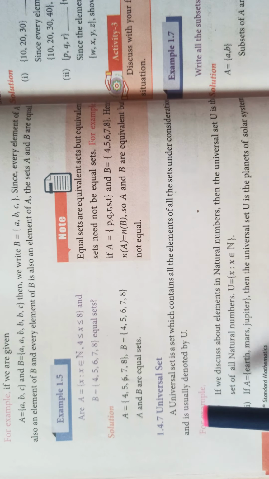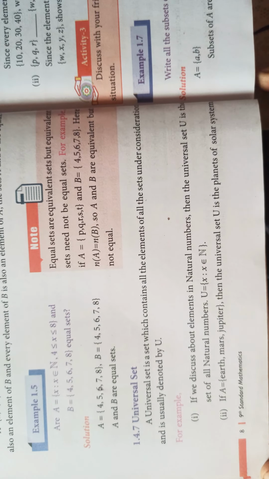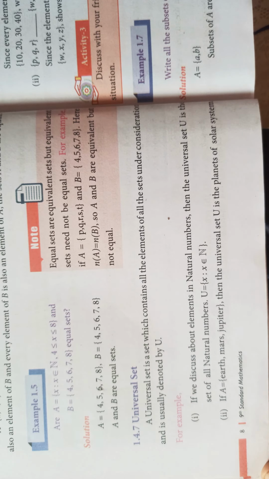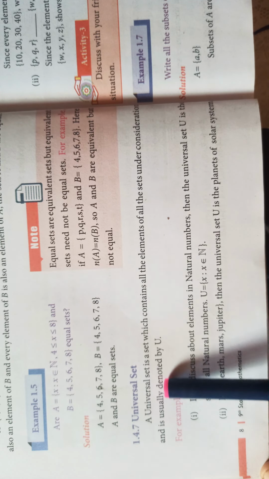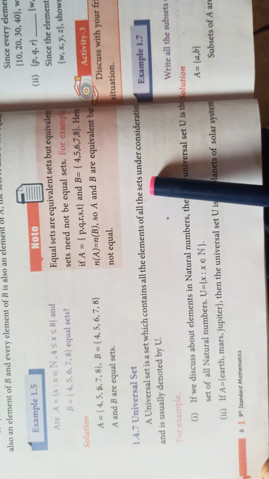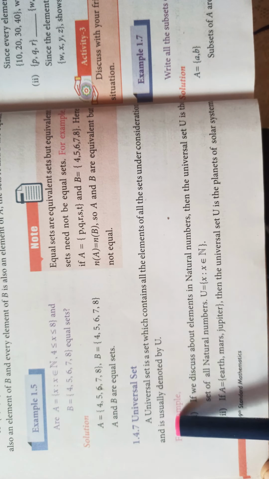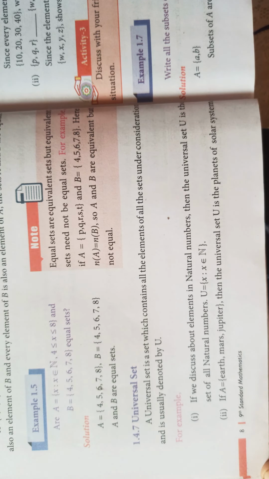Next, universal set. Universal set is a set that represents all the elements under consideration. A universal set is a set which contains all the elements of all the sets under the consideration, and is usually denoted by U. Let us consider natural numbers. We write U equals {x such that x is a natural number}, because when we write in roster form, we have to write commas and dots.